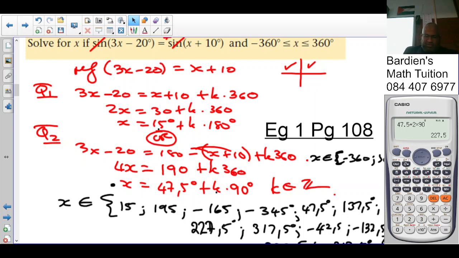Alright, let's look at worked example 2. At least here they're asking us only for the general solution.